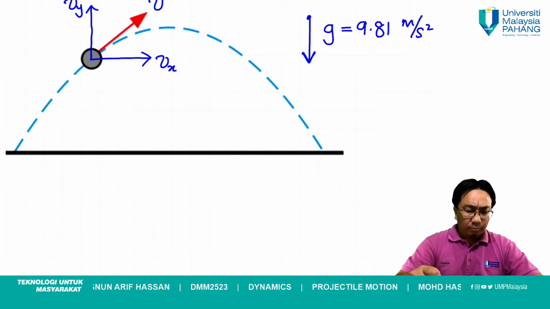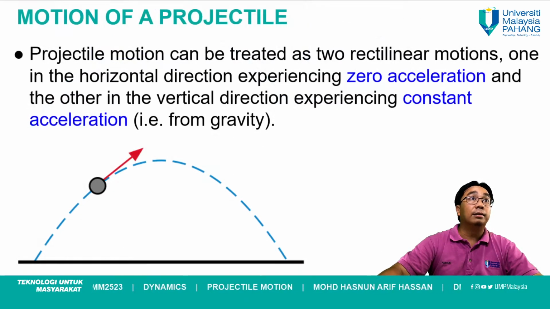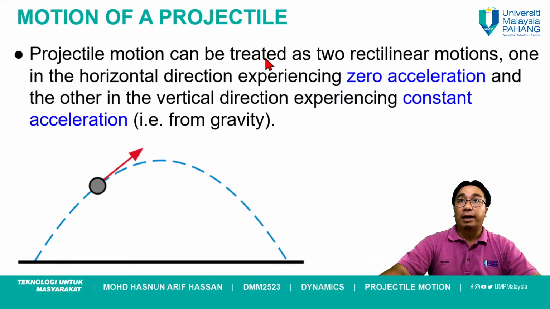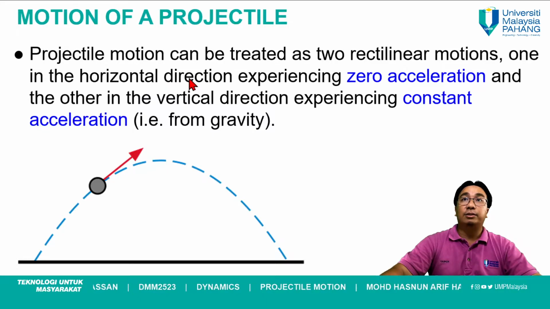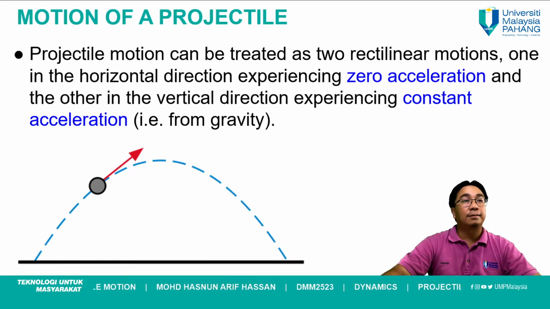Okay, so kalau kita lihat tadi the definition of projectile motion, projectile motion can be treated as two rectilinear motion, one in horizontal direction. Horizontal ni x ke y axis?